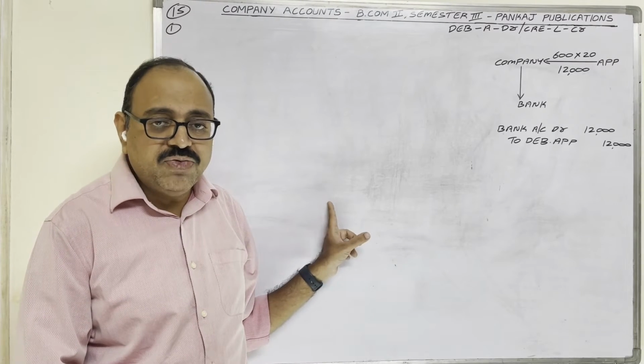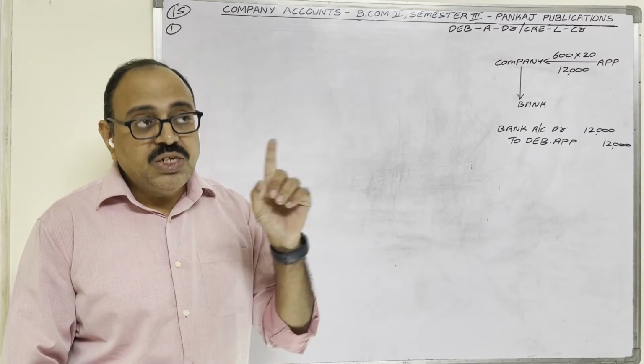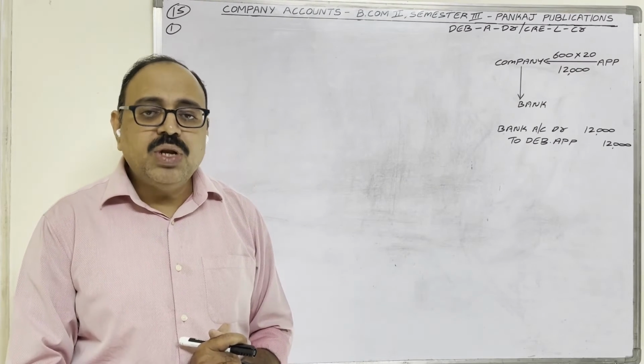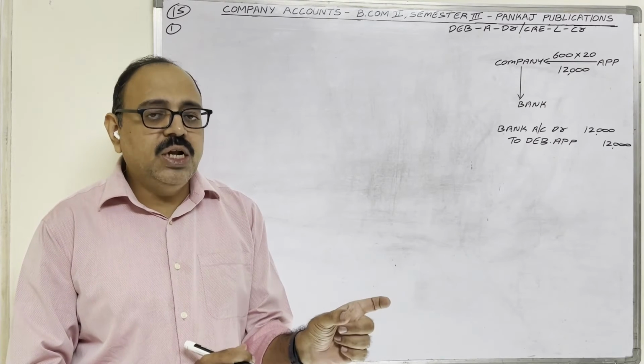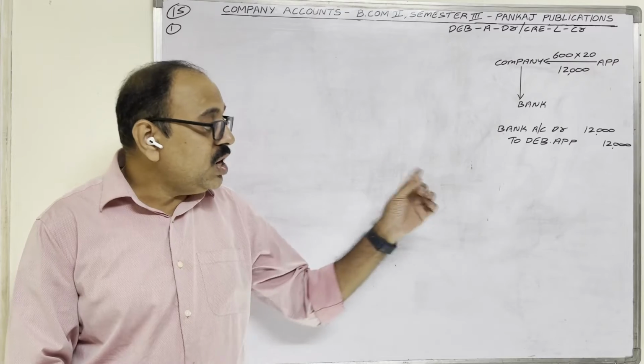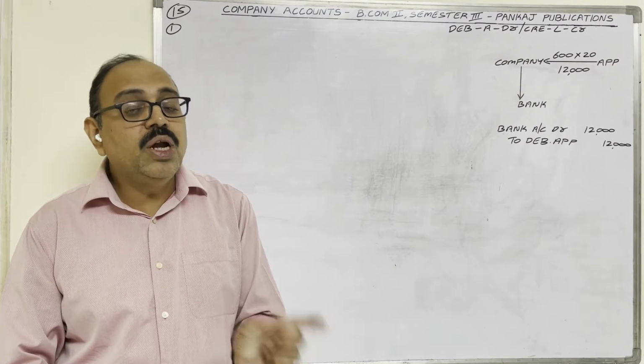So the first entry is for transferring application money to debenture account. In the first 14 problems, when shares were given in the question, we used to transfer share application account to share capital account. Now, similarly, in case of debentures, we should transfer debenture application amount to debenture account.